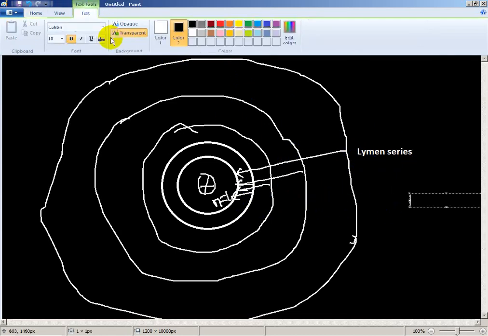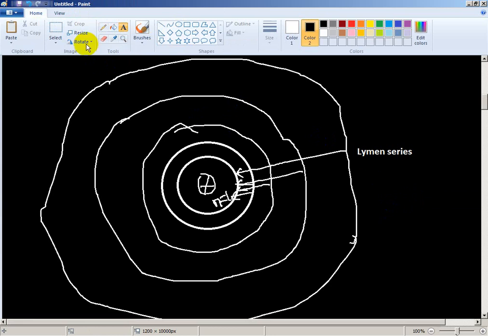If electrons come back to energy level 2, this is energy level 1. If they come back to energy level 2 from 3, 4, 5, 6, 7, 8. Sorry, I should draw this in another place. The ground state here is 2, and the excited states are 3, 4, 5.